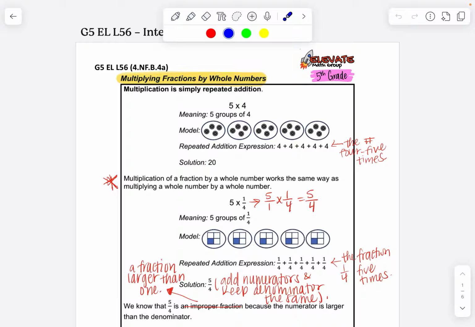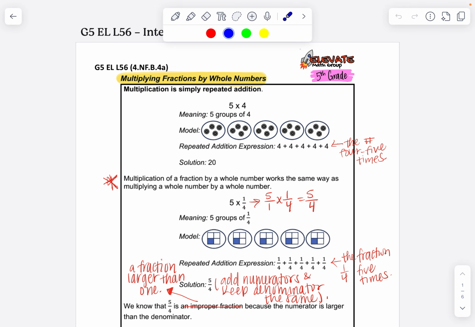This is the same concept that we carry on to multiplying a whole number by a fraction, right? If you look at both 5 times 4 and 5 times 1/4, the only thing that is different is that instead of 4, we're working with 1/4. We're still multiplying by a whole number. In the beginning, we had 5 groups of 4. Right now, we're having 5 groups of 1/4.